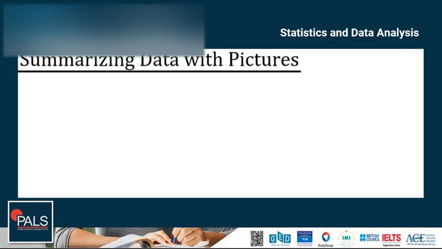A statistician uses many different types of graphical summaries, and each has its own special features. Now, we will be looking into different types of charts and graphs that commonly appear on the GED test. The first one is bar charts.